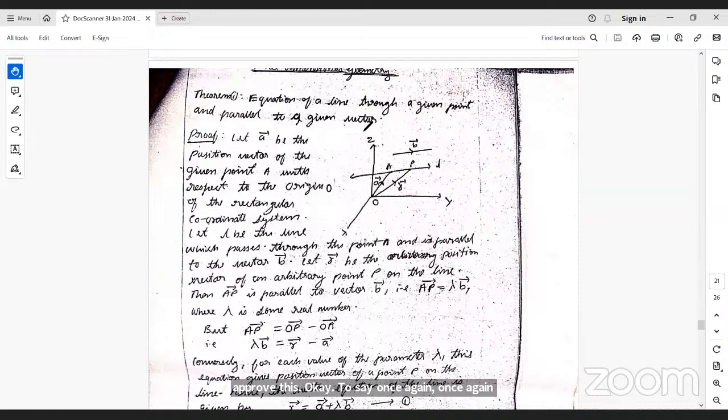We hope the figure is clear to you. Once the figure is clear, the proof is also very easy. A line L is passing through a given point and parallel to a given vector.